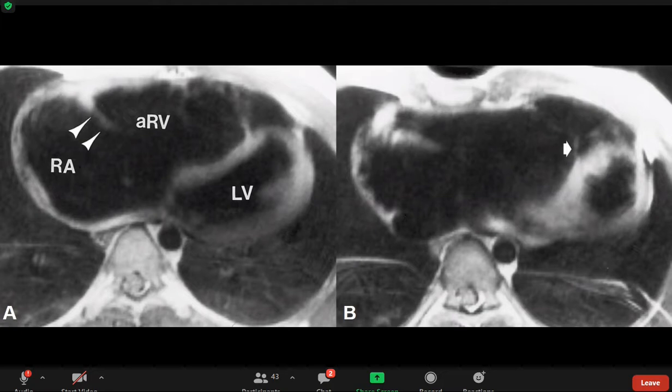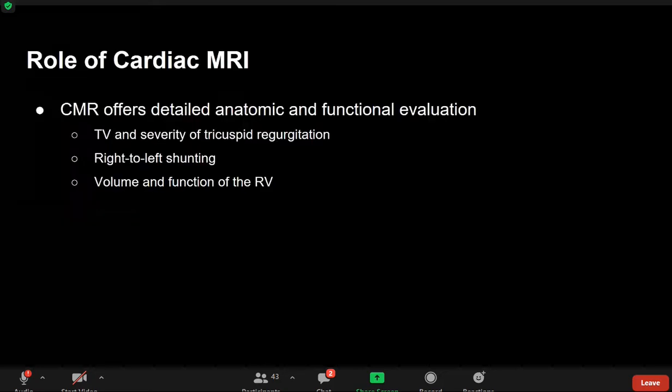So normally these patients are already diagnosed as neonates, usually with echocardiography. However, the role for cardiac MRI in these patients is that it offers better right ventricular quantification of the right ventricular volume and also its size.